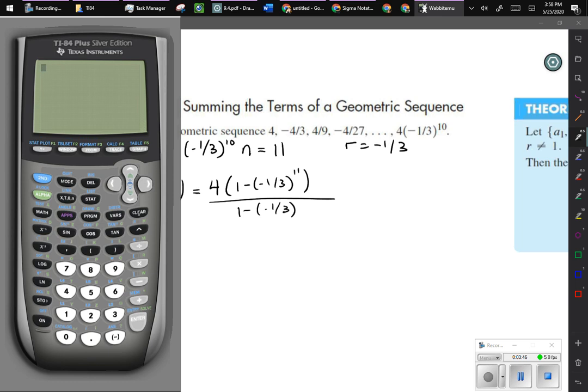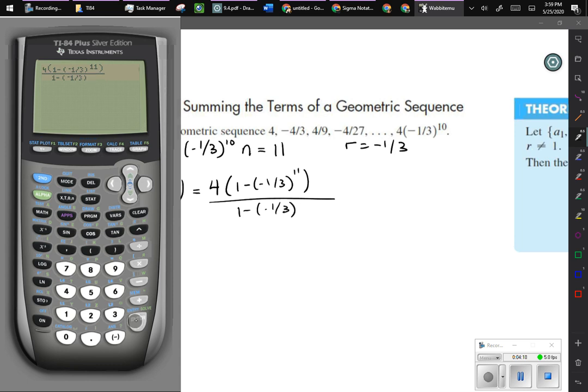I'm going to press alpha F1 and get myself a fraction that's a little bit nicer to write with. 4, 1 minus negative 1/3 raised to the 11th, and 1 minus, again, negative 1/3.